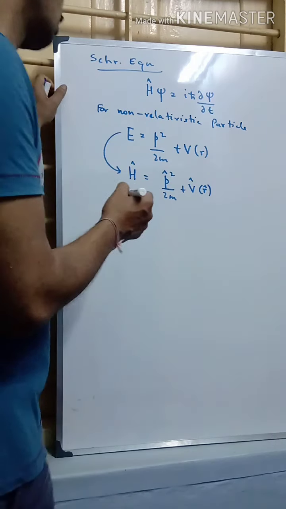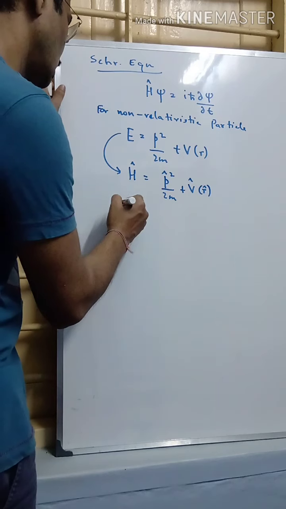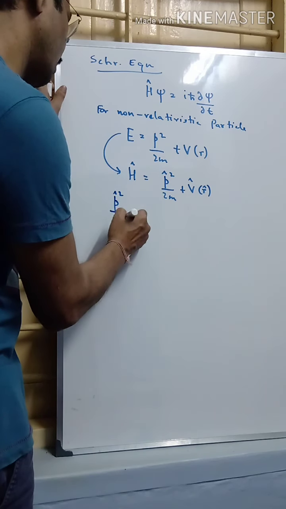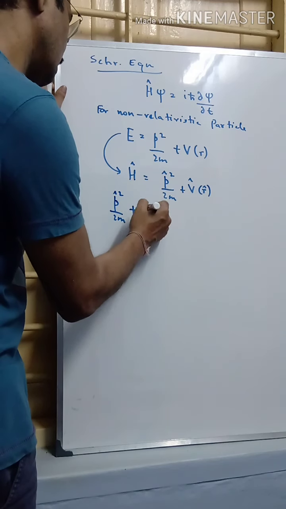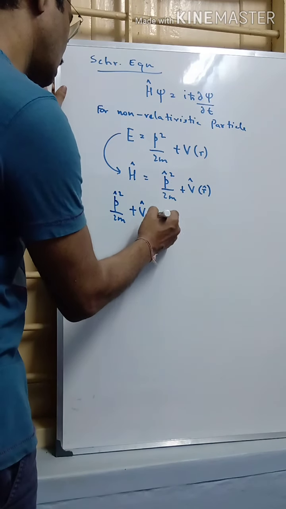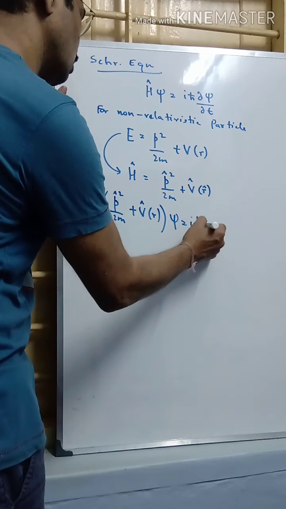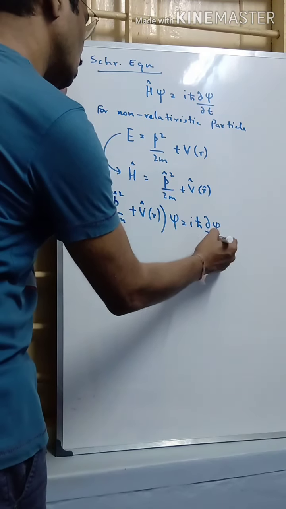So we can write the corresponding Schrodinger equation as p cap square by 2m plus V cap r operating on psi is equal to i h cross del psi del t.